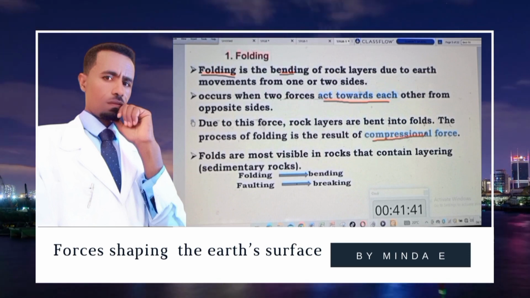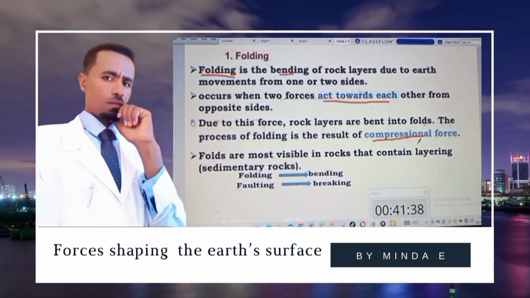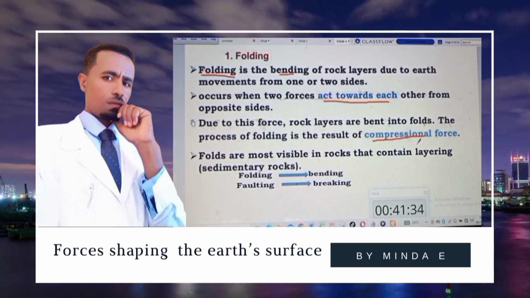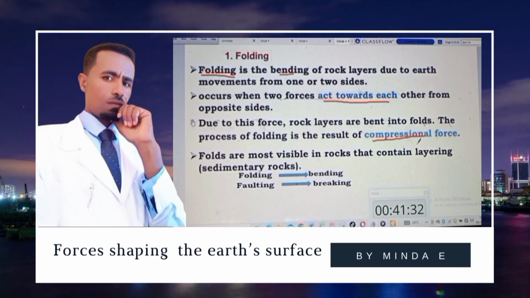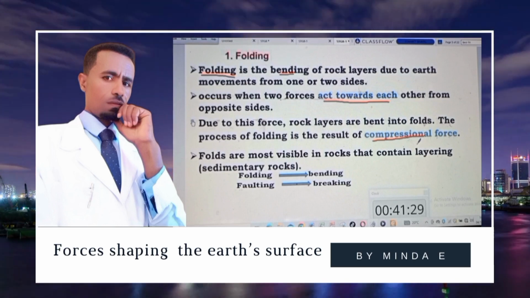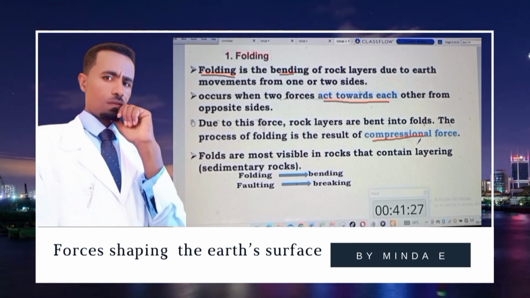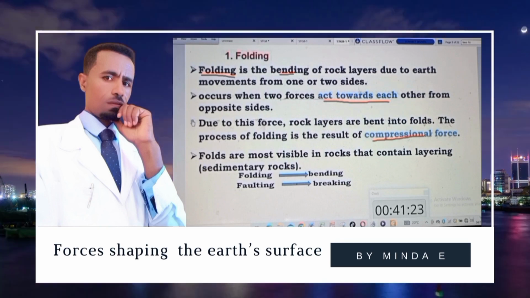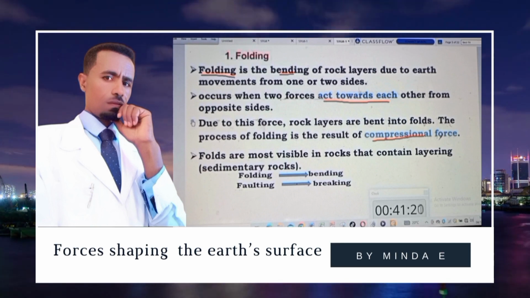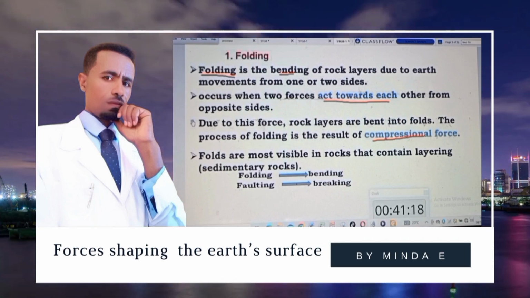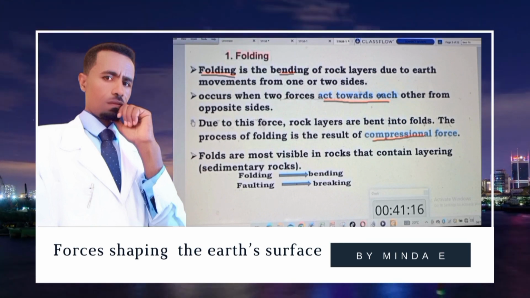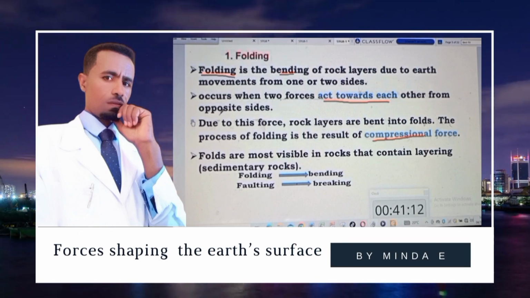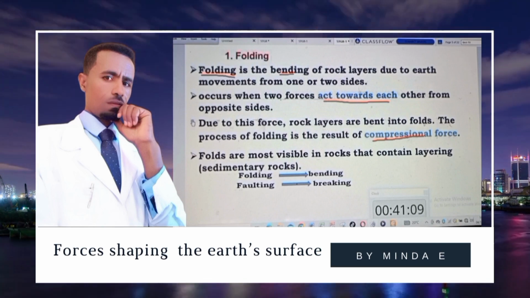When forces are applied on a given point, they cause a given area to bend. So this bending is the result of what? Compressional force. Why? Because these forces act towards each other from opposite sides. That is compressional force.